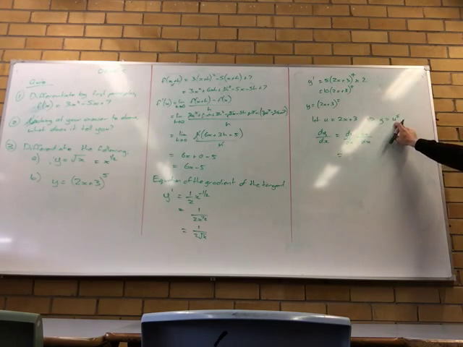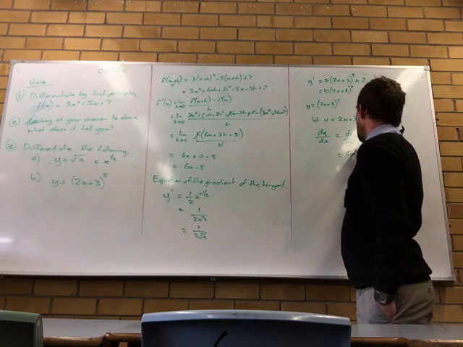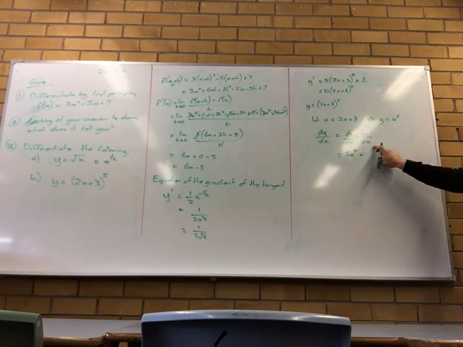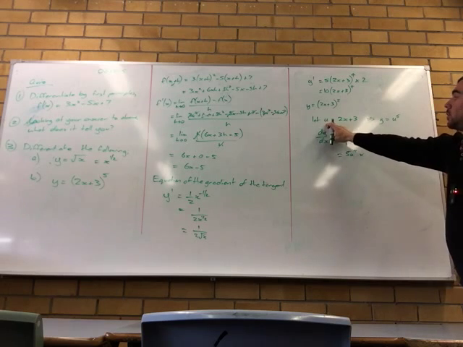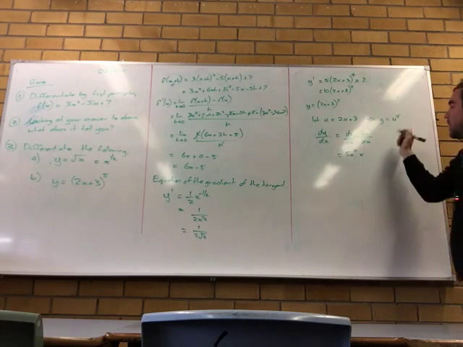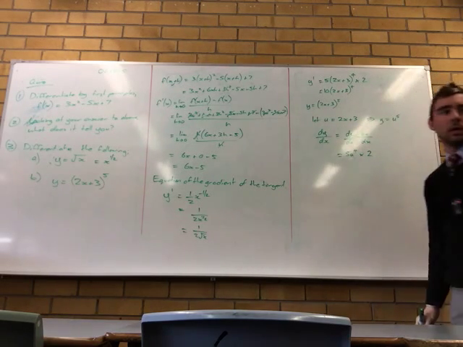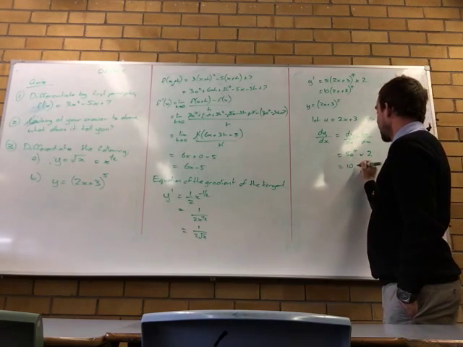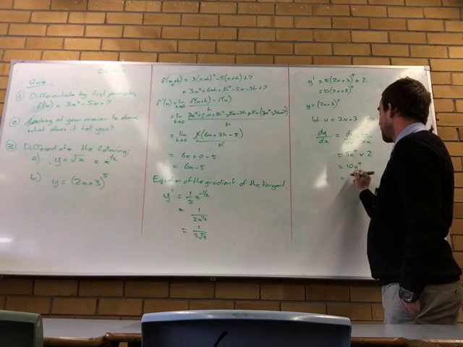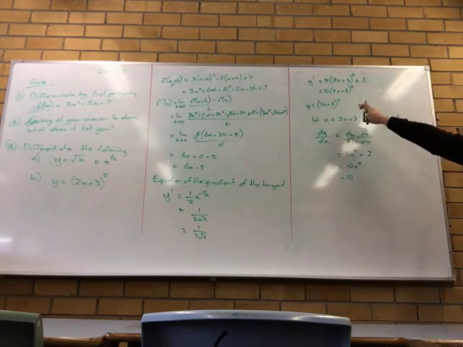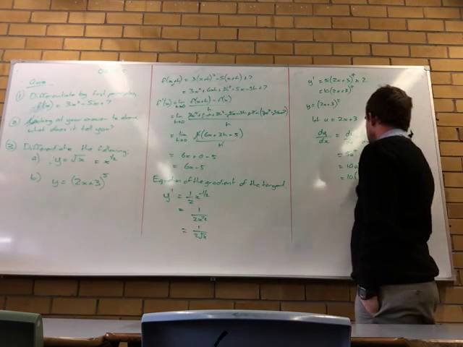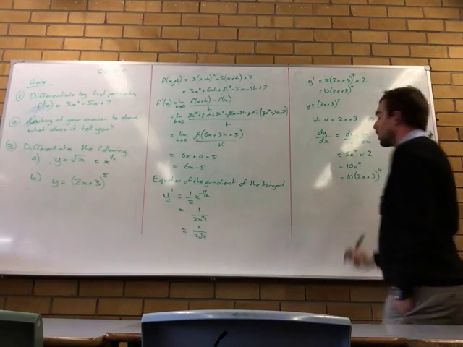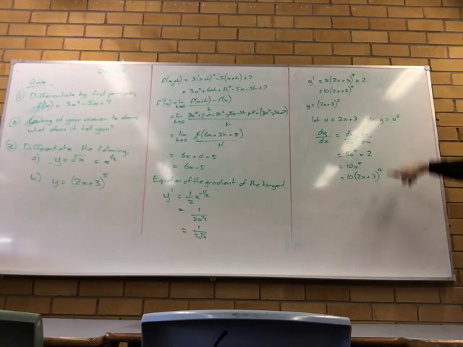It'll be 5u to the power of 4, and differentiate u with respect to x, so here's my equation, differentiate x, and I'll have 2. So it equals 10u to the power of 4, and then you substitute back in for u, which is the same answer.